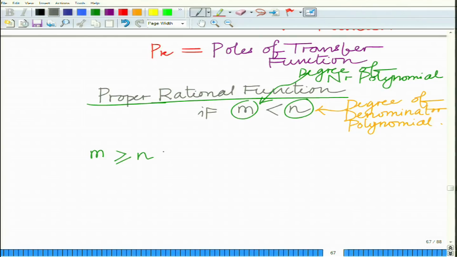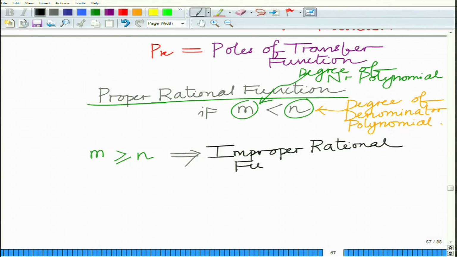If m is greater than or equal to n, this implies an improper rational function. Remember, m equals the degree of the numerator polynomial, and n is the degree of the denominator polynomial. So, if the degree of the numerator polynomial is less than the degree of the denominator polynomial, it is a proper rational function. Otherwise, if the degree of the numerator polynomial is greater than or equal to that of the denominator polynomial, it is an improper rational function.